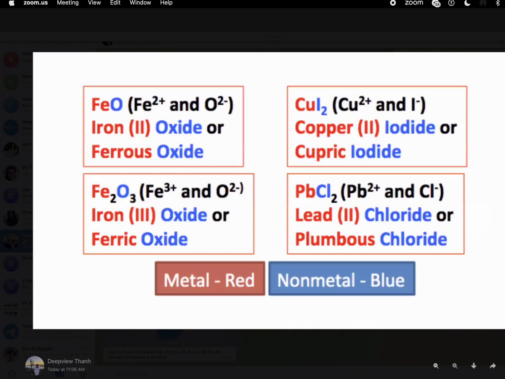Moving on to naming compounds, each compound has a chemical name that usually tells you the elements it is made from. There are important rules to remember when naming compounds. First, if the compound contains a metal, the name of the metal comes first. If the compound contains a non-metal, the name of the non-metal is usually changed.